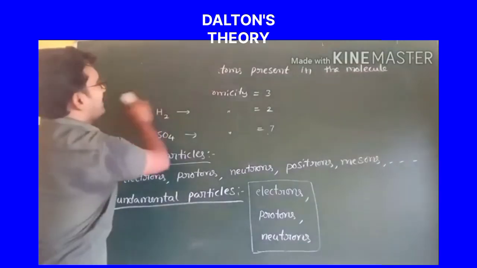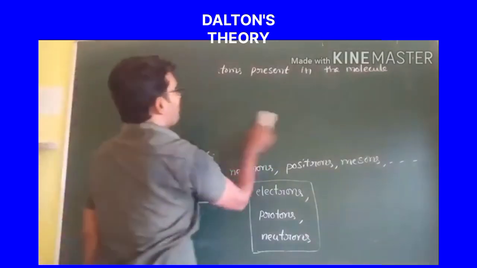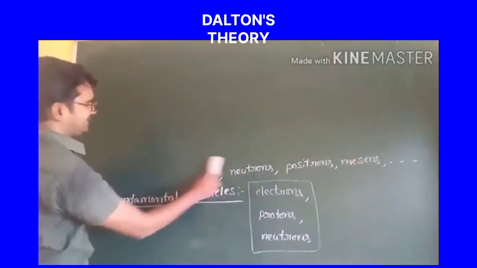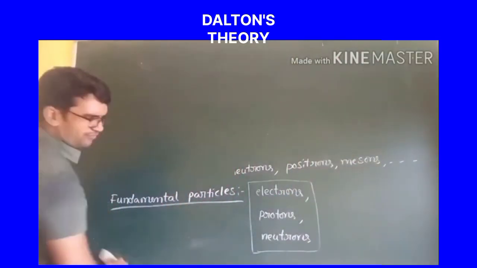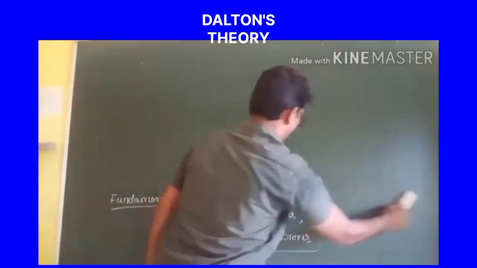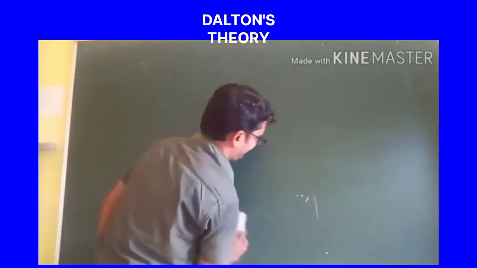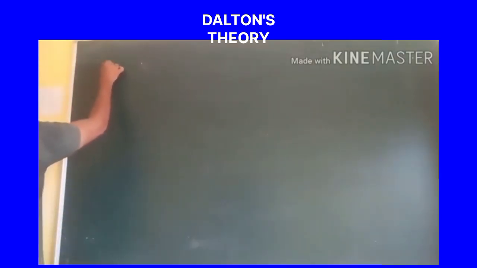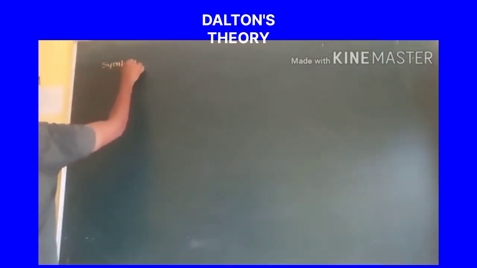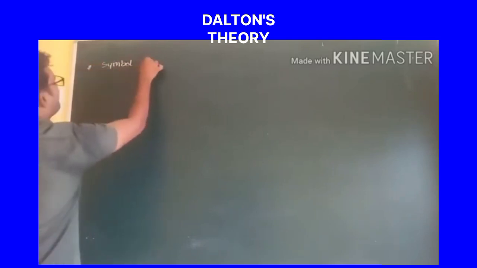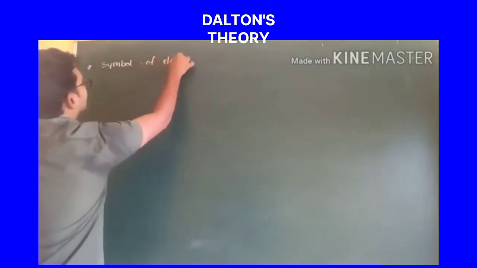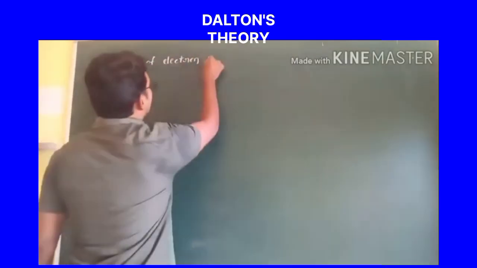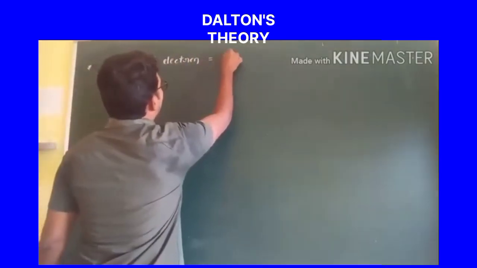Right. Next, what are the symbols of fundamental particles? Symbol of electron is equal to e minus.